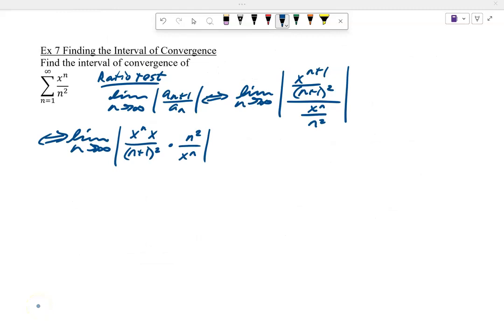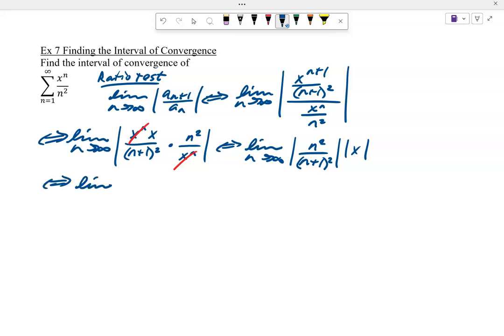All right, so I applied the ratio test here. I'm going to start canceling terms. And so it looks like we've got limit n goes to infinity. We've got this n squared over n plus 1 squared times the absolute value of x.